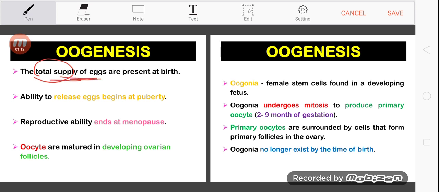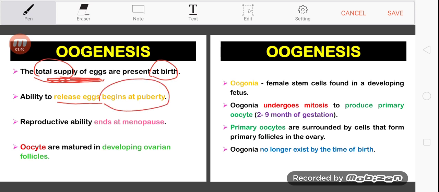We can estimate the total supply, the number of eggs present at birth. And these eggs will be stored in the ovary. The ovary will release the egg, and it begins at puberty.